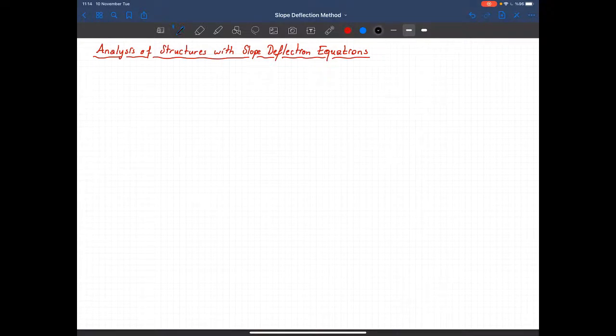So the solution approach is as follows. The first step is discretization. Right, we will divide the structure into members and nodes.